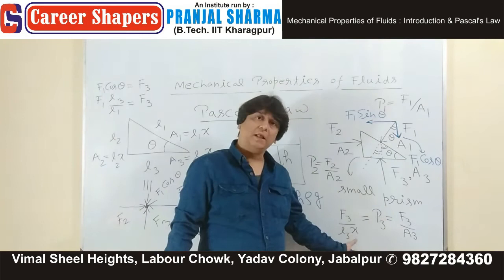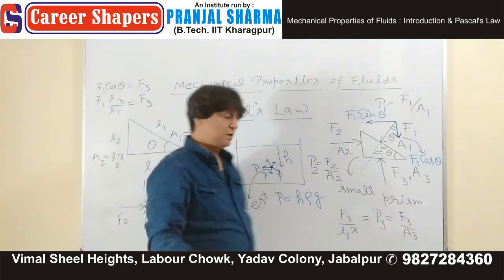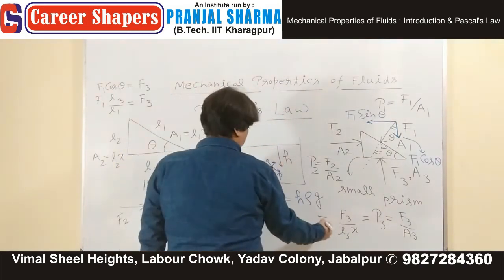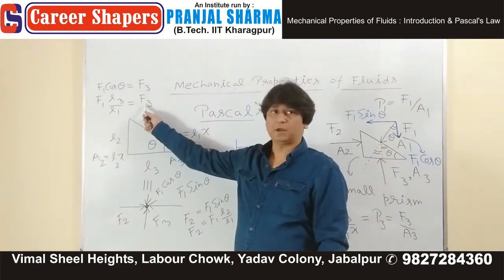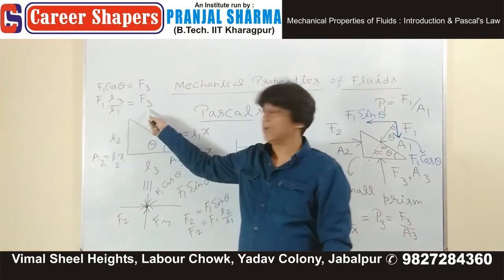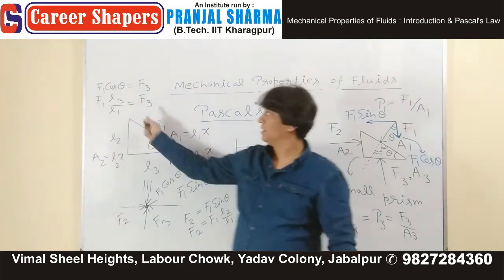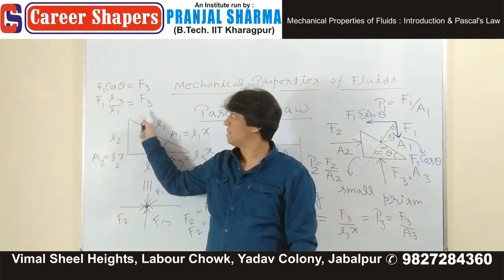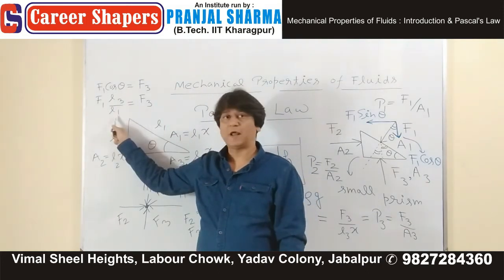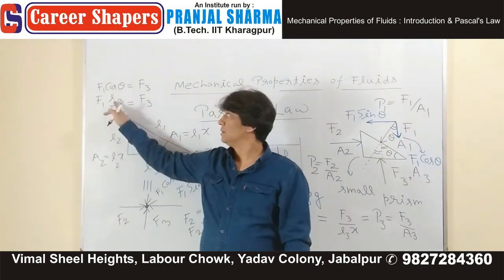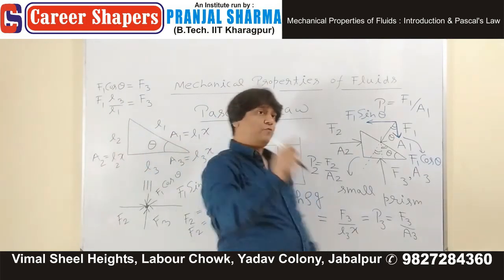Now, what is F3 divided by L3? Look, F3 divided by L3 is F1 upon L1.